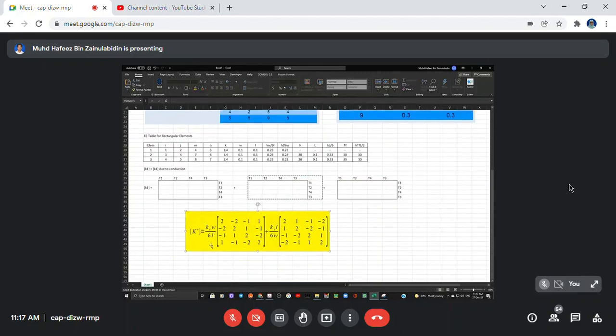This is the formula. Remember, the front part, and then the second, and then the total.